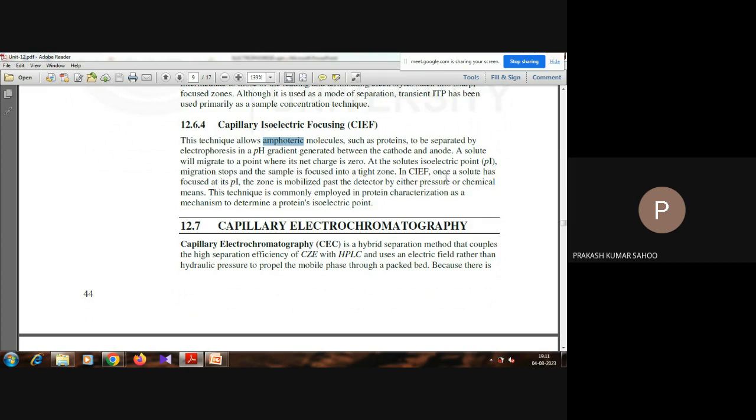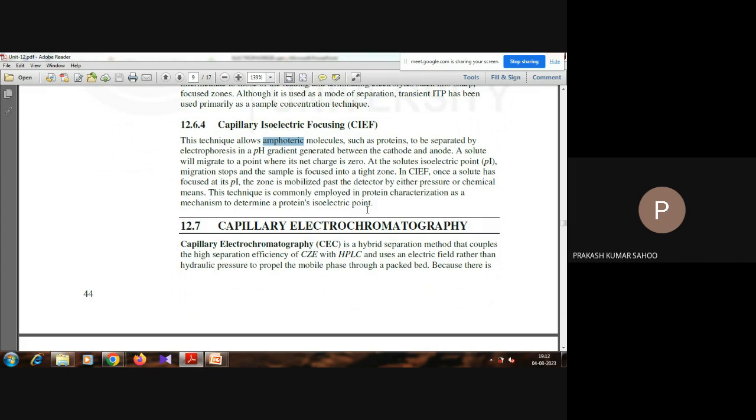At the solute's isoelectric point, pI, where migration stops, the sample is focused into a tight zone. In CIEF, once a solute has focused at its pI, the zone is mobilized past the detector by either pressure or chemical means. This technique is commonly employed in protein characterization as a mechanism to determine a protein's isoelectric point.